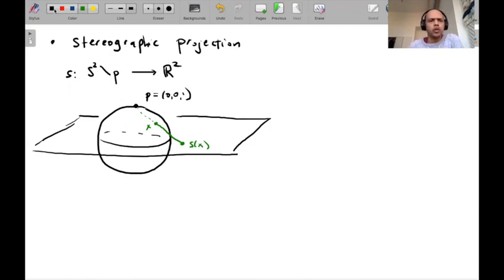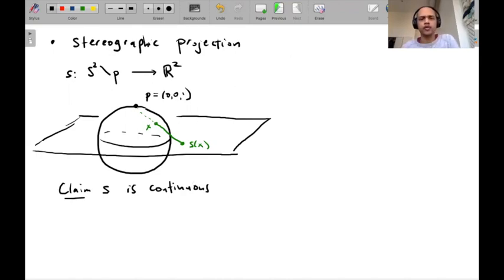Okay, so we want to show that S is continuous. And we're going to do that using our definition.